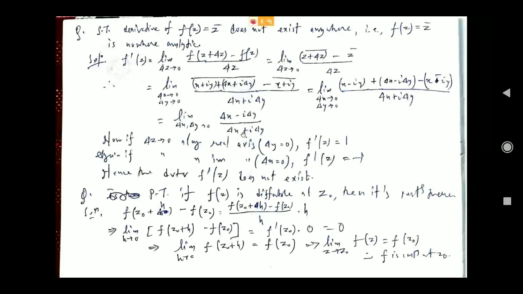In the question itself, it is given that you have to prove that the derivative does not exist anywhere. So when the derivative does not exist, in terms of limit, what can you say?